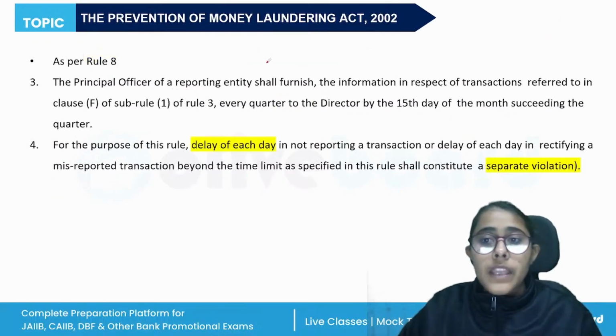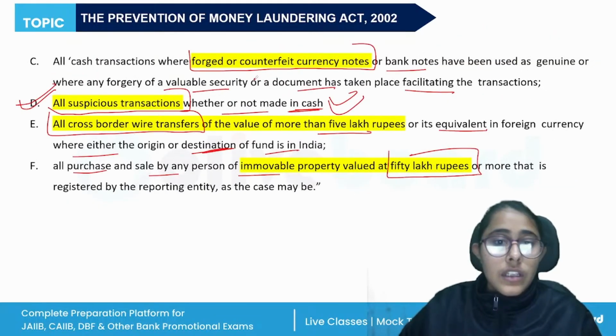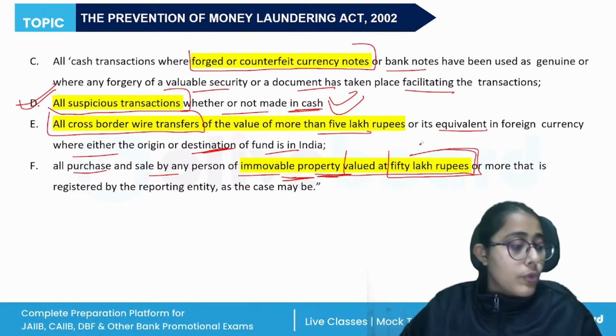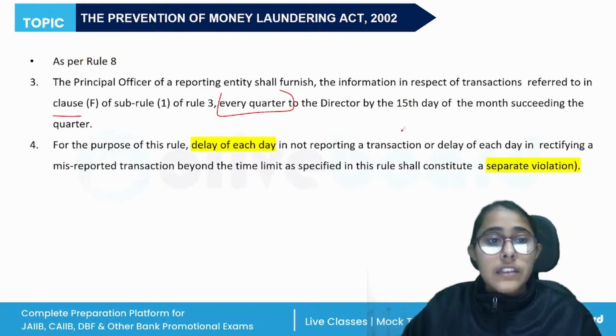Then the information referred to in clause F every quarter. So clause F talks about immovable property. All the sale and purchase by any person of immovable property valued at 50 lakh rupees or more will be furnished by the 15th day of the month succeeding the quarter.